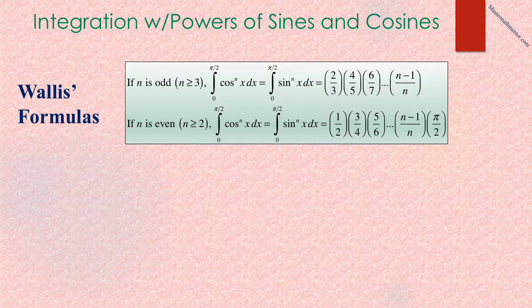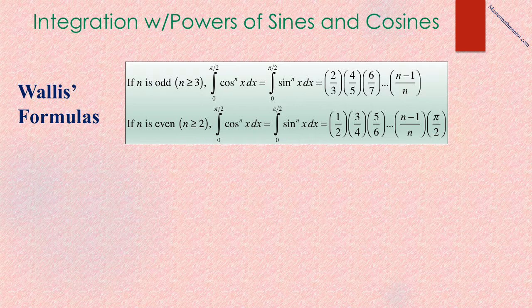Frequently in calculus, we have to integrate powers of trig functions from 0 to pi over 2. John Wallis, a 17th century mathematician, discovered 2 formulas which really help with this process and do not involve actually finding the indefinite integral first.